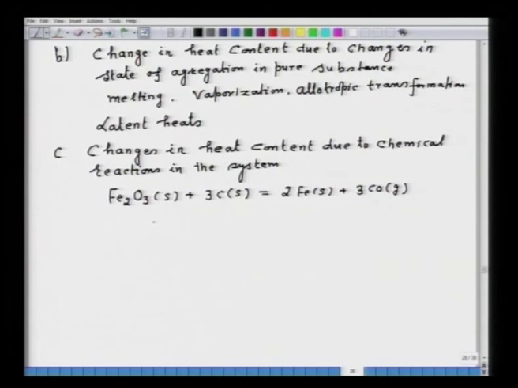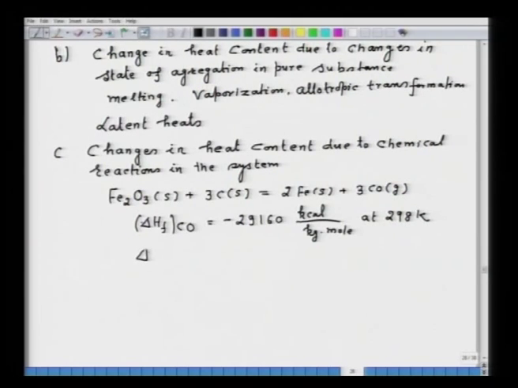So, I am giving you the heat of formation of compound, say delta HF CO, that is equal to minus 29,160 kilocalorie per kg mole. Mind you, this value is at 298 Kelvin.